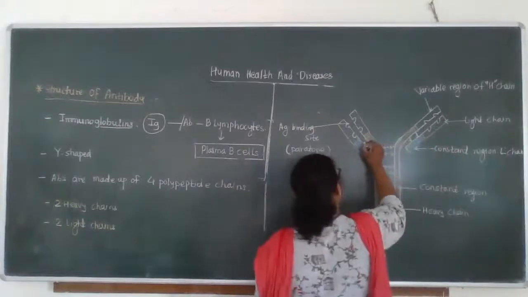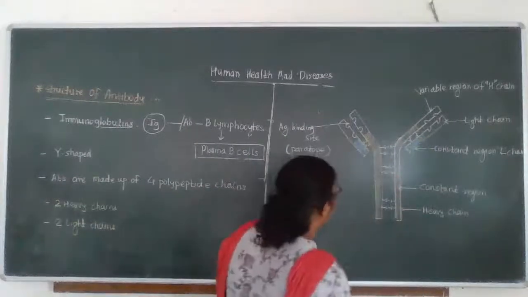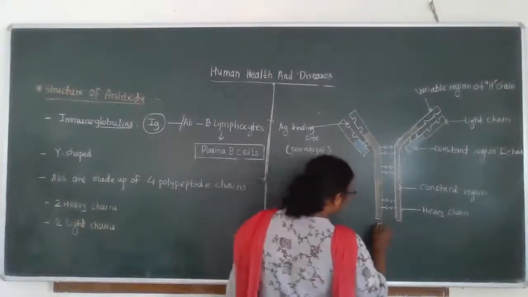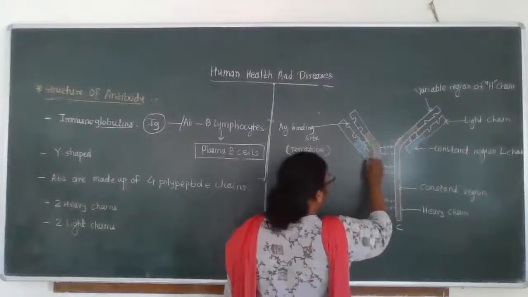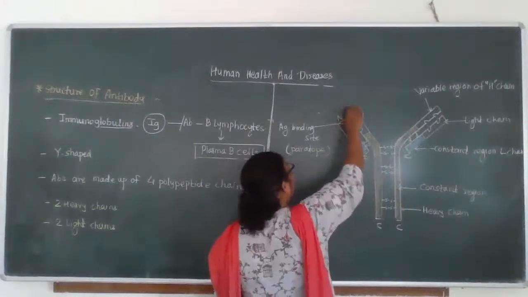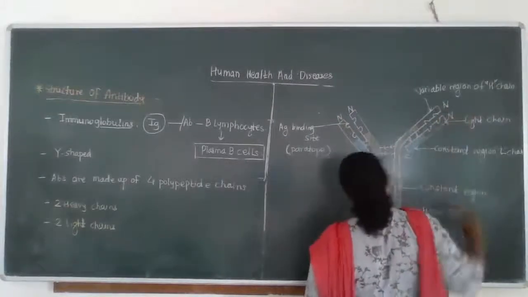So, clear? It has two terminals. One is the C terminal, the carboxyl end, for both light and heavy chain, and the other one is the N terminal, the amino terminal.